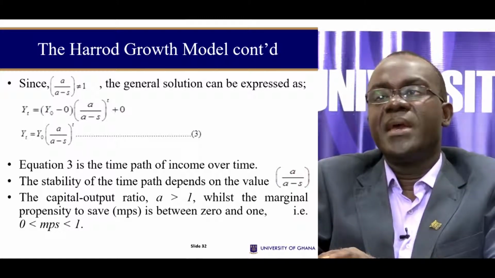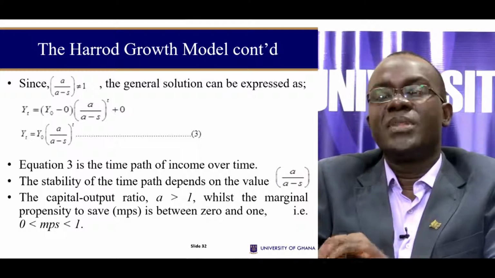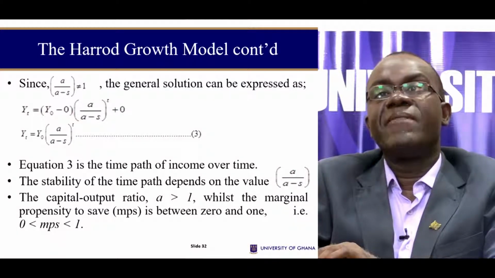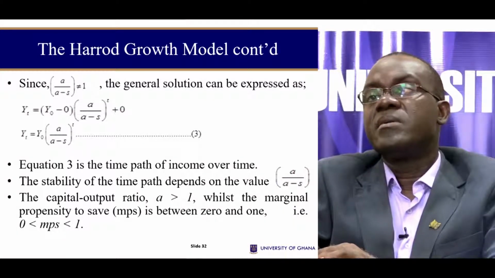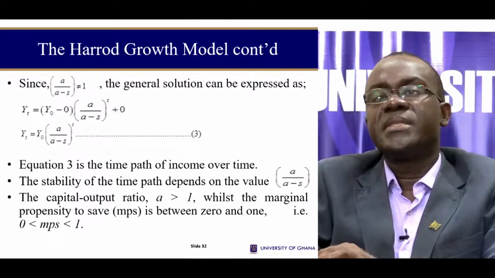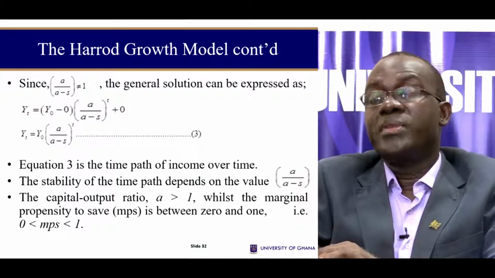Then the question is what will happen with the stability. It all depends on alpha divided by alpha minus s. Now, notice that alpha is greater than 1, that is, the capital output ratio is always greater than 1.